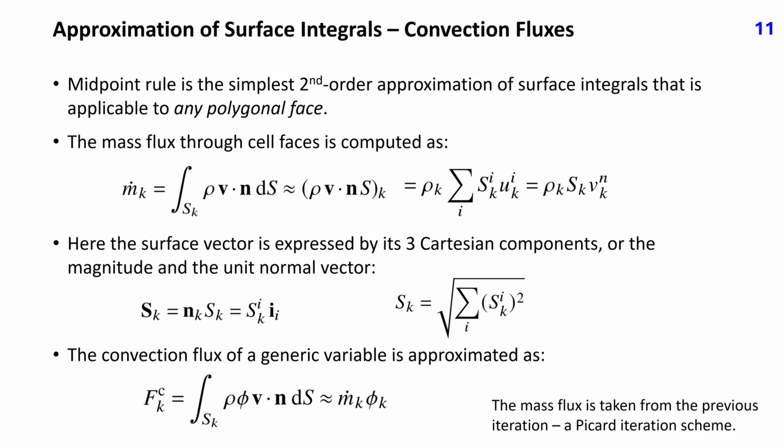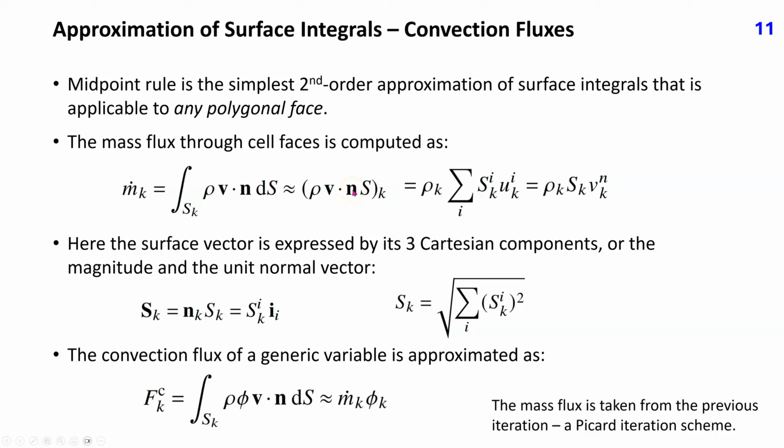To compute the mass flux for a cell face, we take a dot product of velocity vector and surface vector, which is equivalent to multiplying the velocity component in the direction of face normal by the face area and multiplying the result by the density at face centroid. The velocity component normal to cell face is obtained by taking a dot product of velocity vector and a unit normal vector n.